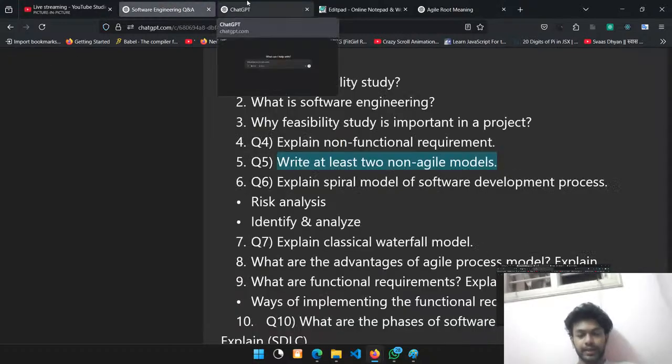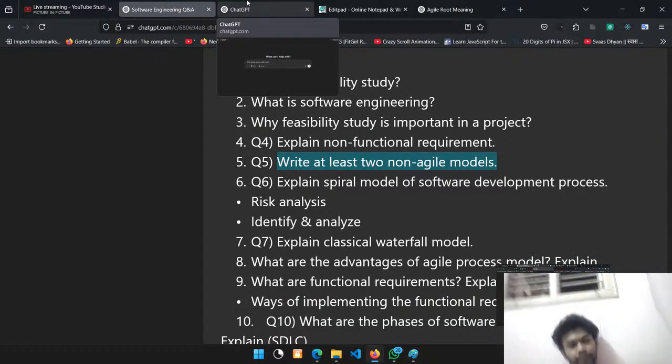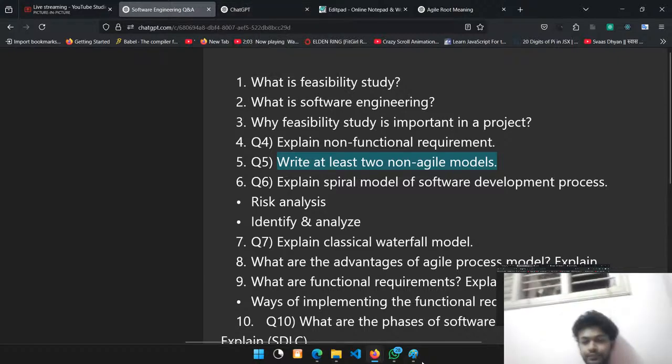Okay, so yeah, RAD model, rapid application development, and the third is spiral.